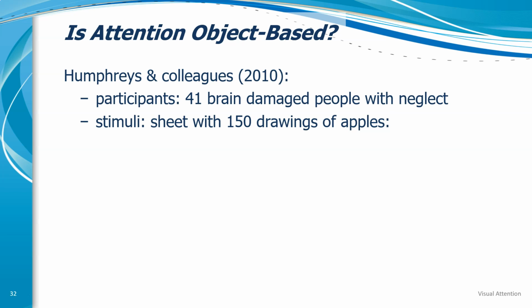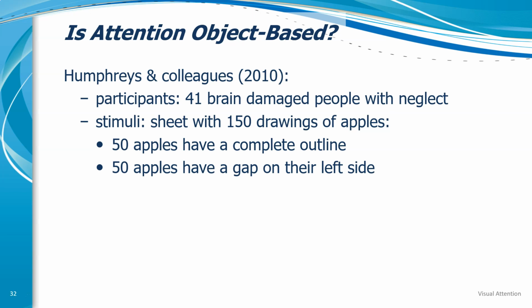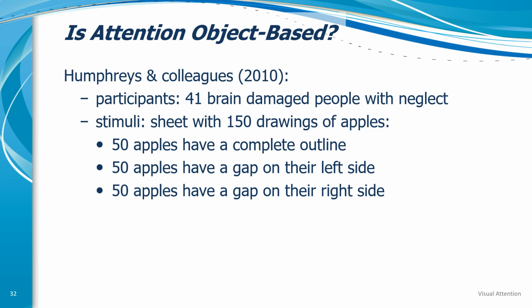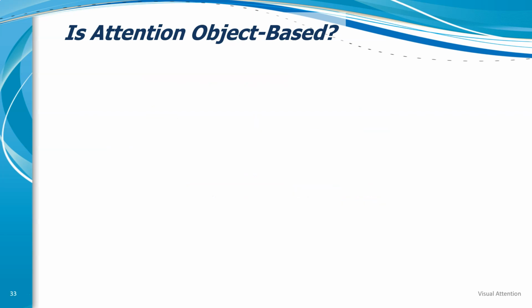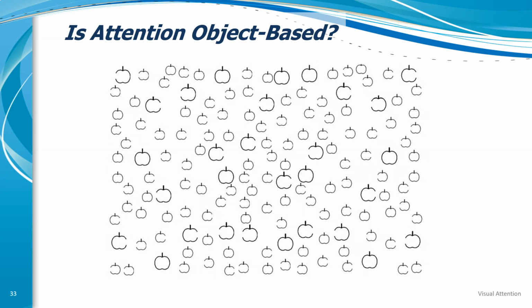There are 3 different things we want to know about. There are 50 apples that are complete and whole. 50 apples have a gap on their left side, and 50 apples have a gap on their right side. So we give this sheet of paper to people, and it looks kind of exactly like this.